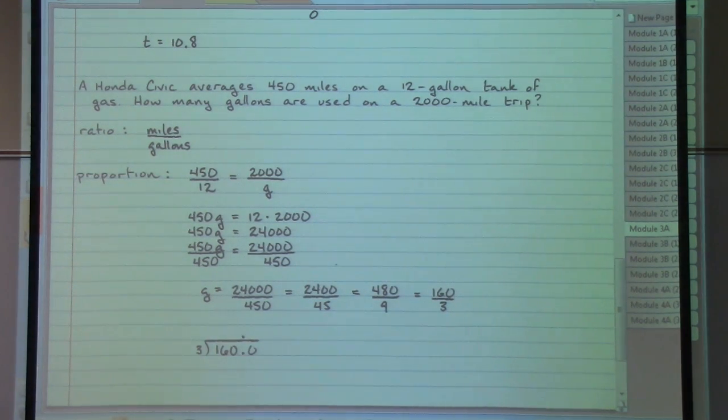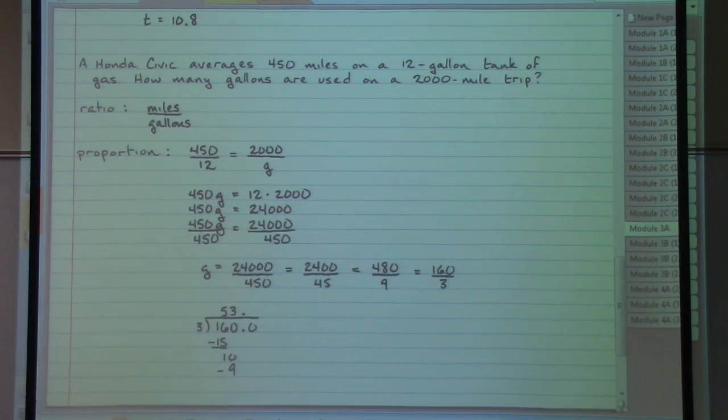3 goes into 1, nope. 3 goes into 16, yes. 3 goes into 16 5 times. Do a little subtracting there, get a remainder of 1, drop down a 0. 3 goes into 10 3 times. Get a remainder of 1, drop down my extra 0. 3 goes into 10, we just said 3 times.